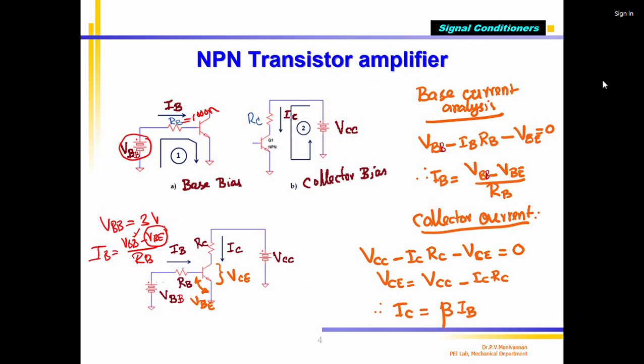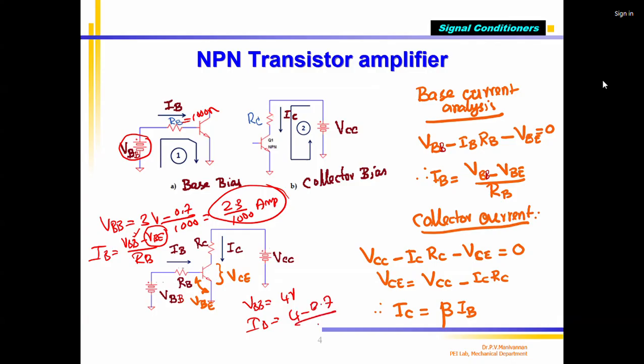So I will substitute: 3 minus 0.7 divided by 1000, that is going to be 2.3 divided by 1000 amps. For example, if I supply VBB equal to 4 volts, what is my IB? Same: 4 minus 0.7 divided by 1000 is 4.3 divided by 1000 amps. This is how you calculate IB.